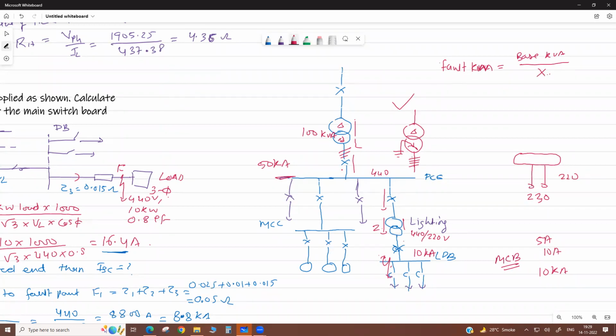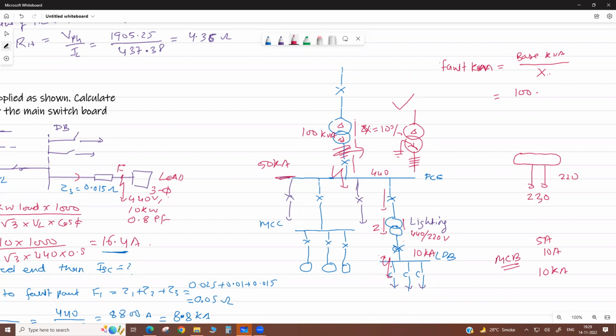So suppose 100 kVA, and suppose the fault occurs at the LT bushing here, on this bus. So only the impedance, the reactance, of this transformer is there. Suppose it is 10%. If the fault occurs here, then only the impedance of the transformer will take care. So suppose it is 10%, the base kVA is 100, we assume.